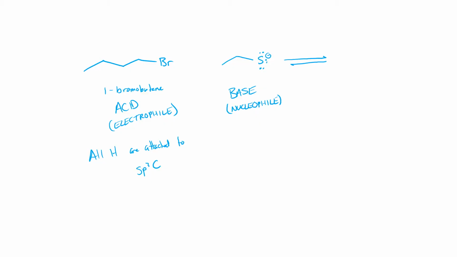So if we think about this from periodic trends, trying to identify the most stable possible conjugate base, well, sulfur is already our base, so we know this is where we're going to start our arrows, and we have to react with the acid.